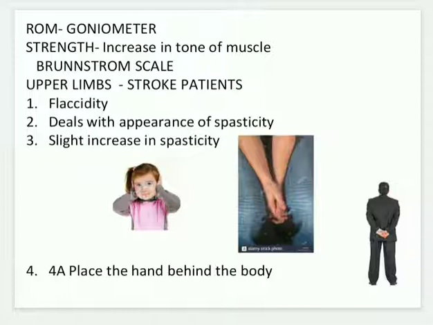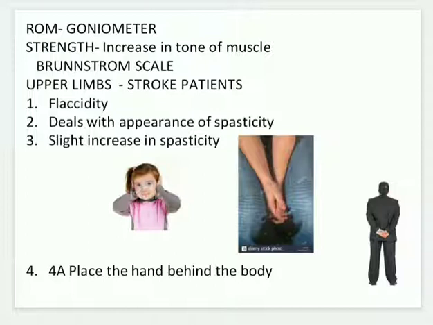Stage 3 tells about a slight increase in spasticity. It means the treatment includes how far the therapist can move your joint in different directions. Hand on the ears is your flexor synergy. Hand between the knees or bending the knee towards the chest is your extensor synergy.